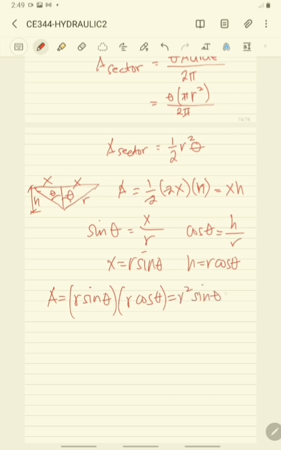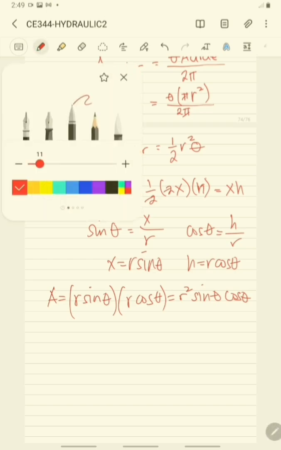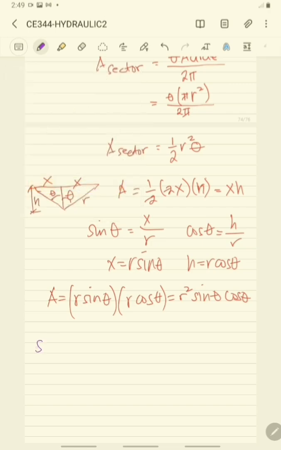sine theta cosine theta. But we will not stop here because we can still simplify our formula using trigonometric identities. In your trigonometry, we have this formula for the identities. If you remember, sine 2 theta is equal to 2 sine theta cosine theta.